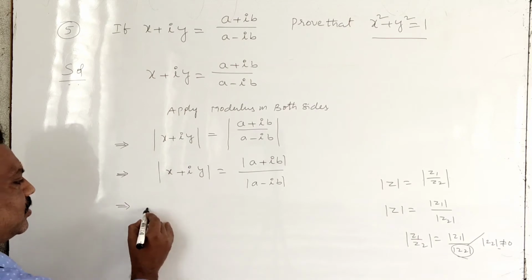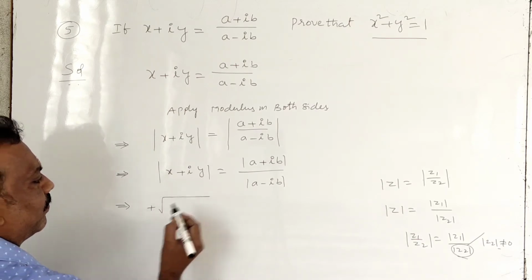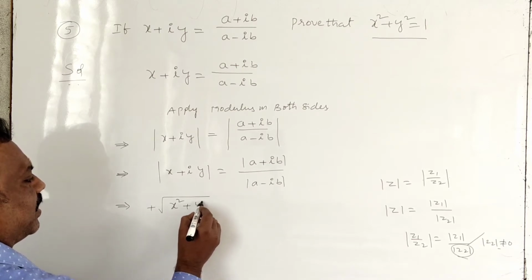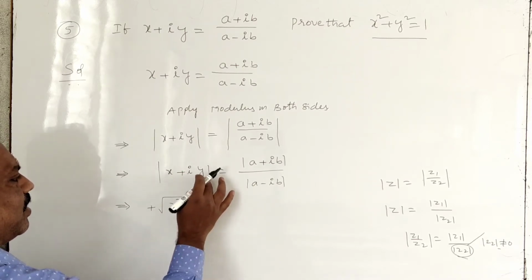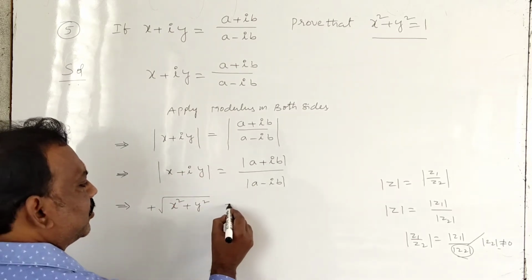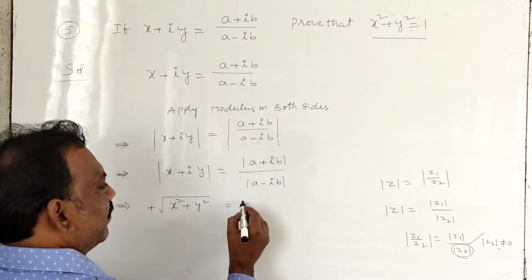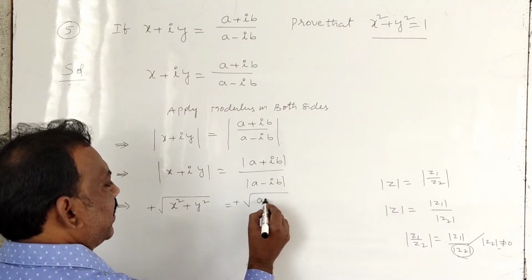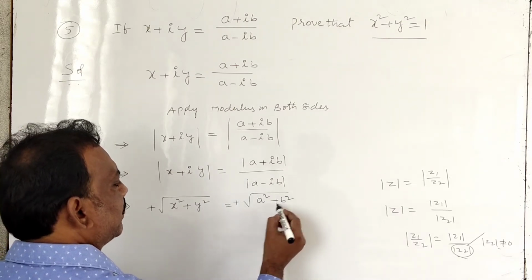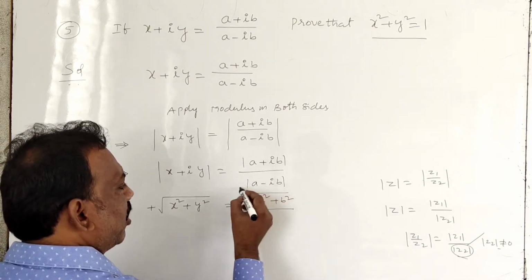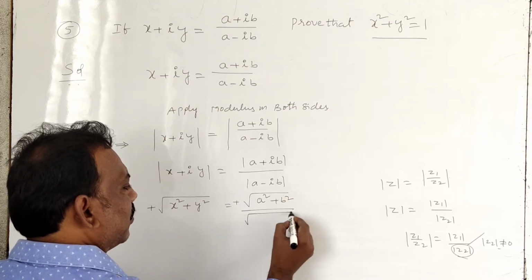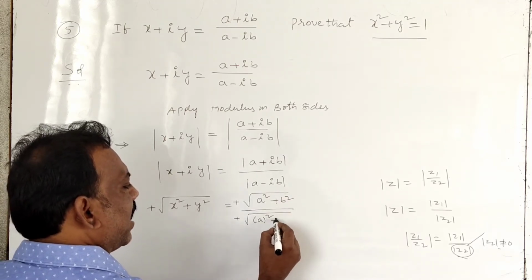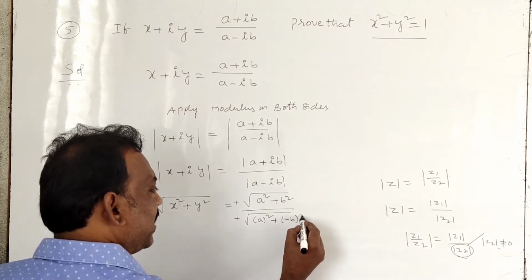I told you, positive square root of real part square plus imaginary part square. Real part is x, imaginary part is y. Here also, numerator first: positive square root of real part a and imaginary part b, upon the modulus of this complex number, root over real part plus a whole square and imaginary part minus b whole square.